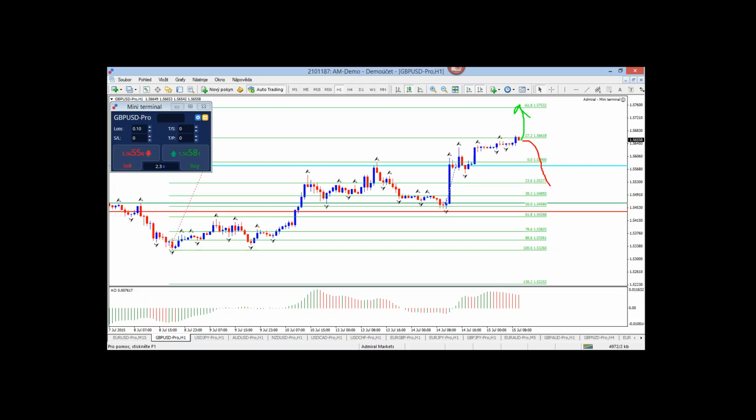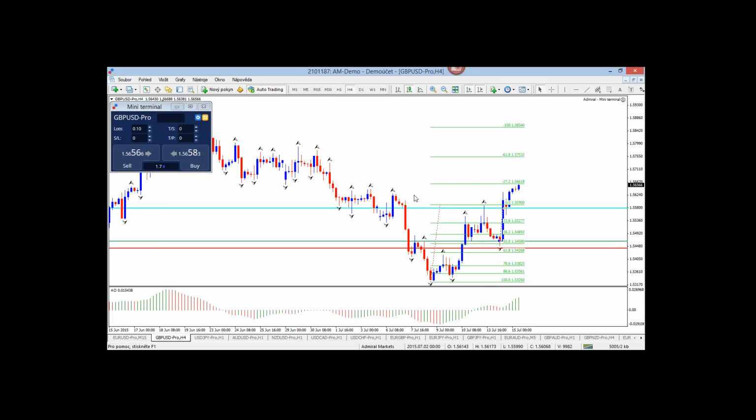If it sends it lower and then I see a bottom somewhere in here, then there is still a chance for me to take a long to the minus 61.8. It's that simple, I think, from my perspective.